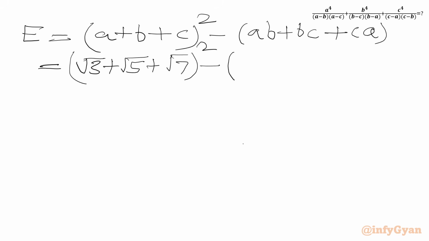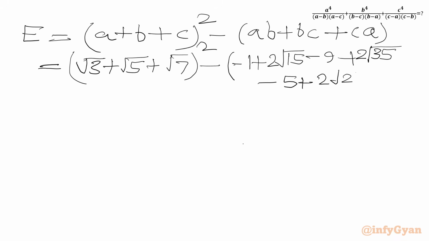Minus, in the bracket, we need to write the AB, BC, CA values. So I will write minus 1 plus 2 square root 15, BC is minus 9 plus 2 square root 35, and CA is minus 5 plus 2 square root 21.